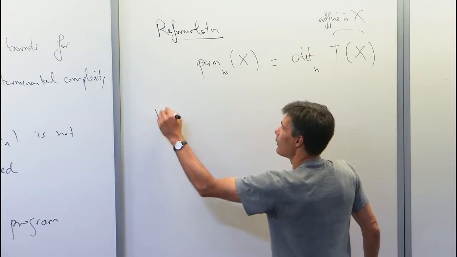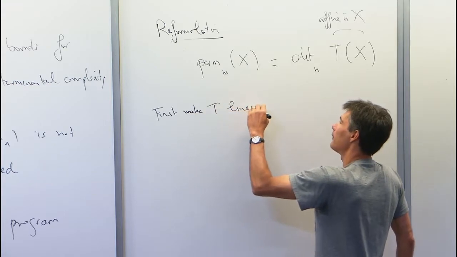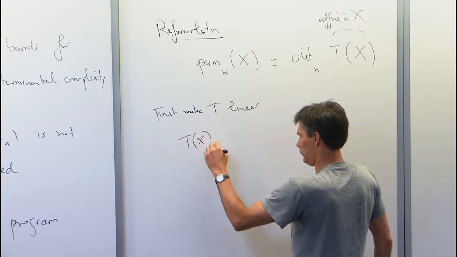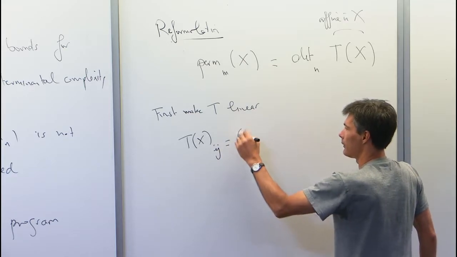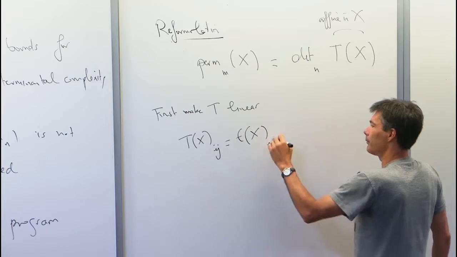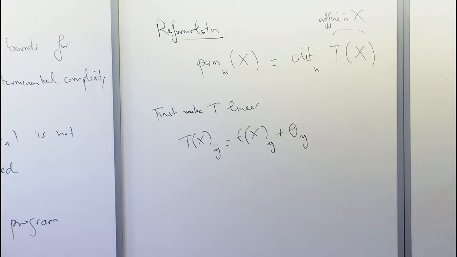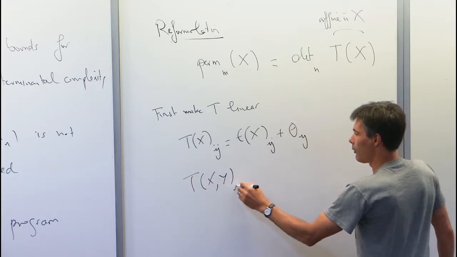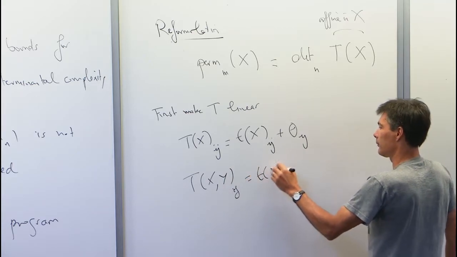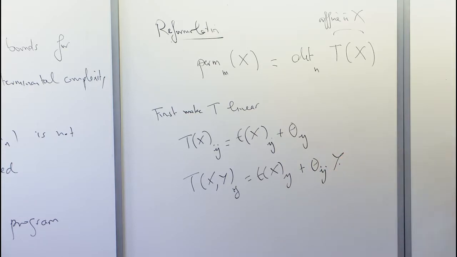So first we make T linear. If the ij entry of T(X) is something linear plus a constant, this is what an affine map is, we just add a new variable, y, and we plug it inside the expression to make it linear.